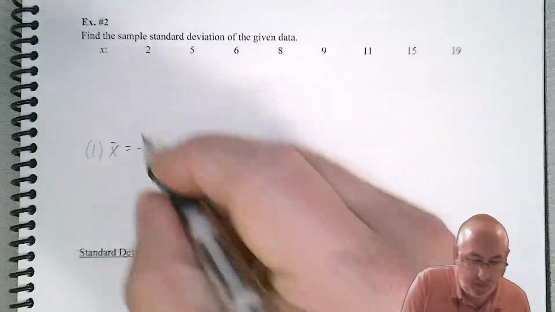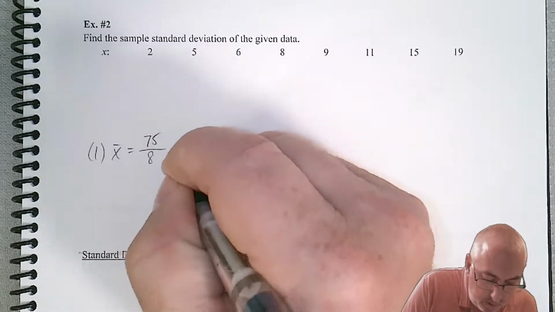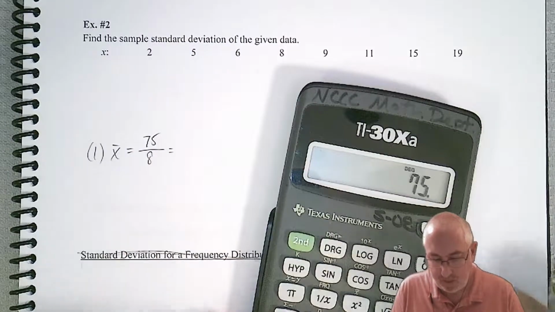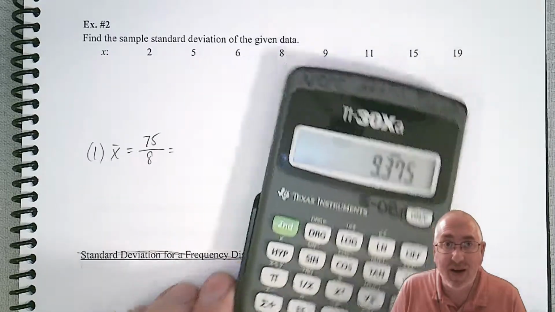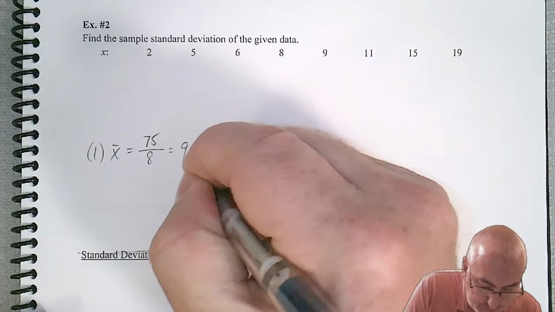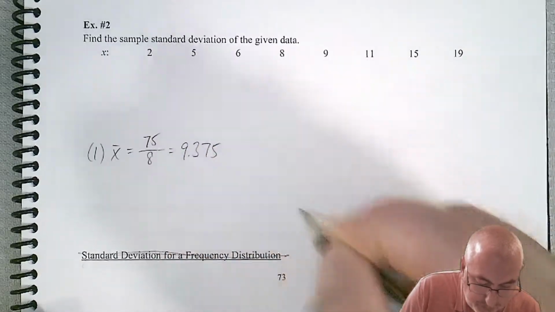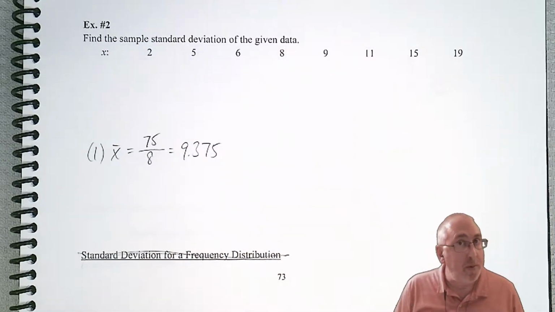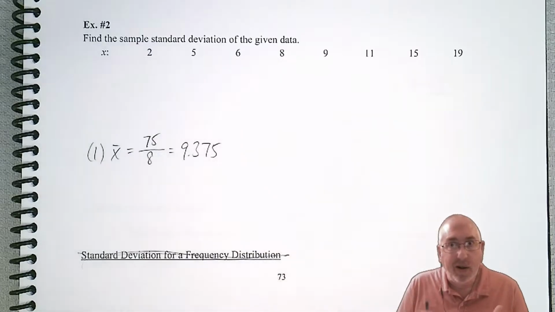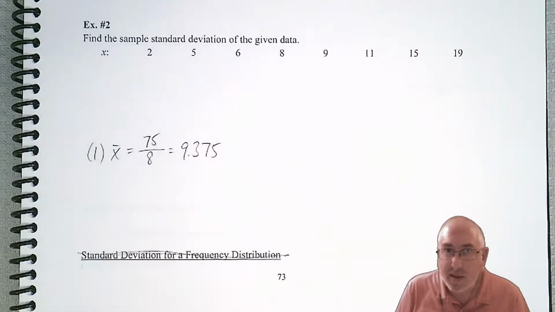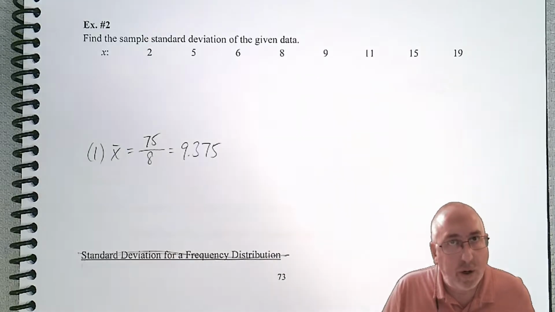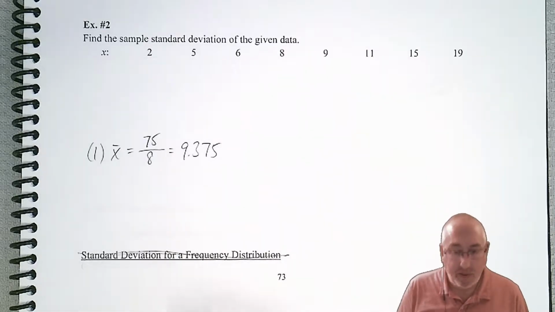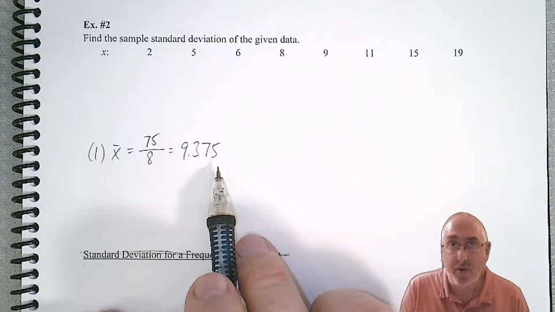So we got 75 over 8. Let's divide that by 8. 9.375. Now, if you remember the previous problem, we had to square numbers. The one weird anomaly, but it's not too weird, is that when you square something that has decimal points, it actually doubles the number of decimal places.